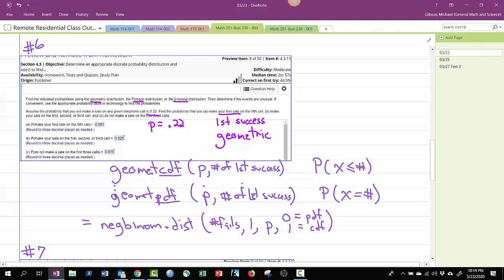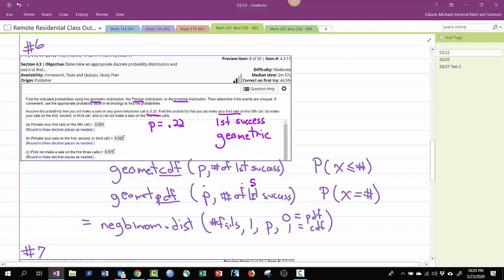Now, there's two different functions on the calculator. If you want the probability that x is less than or equal to a number, you use geometCDF. You want the probability that x equals a number, geometPDF. You put in P, the probability, and then the number of the trial of the first success. Like this first one is make your first sale on the 5th call, right? So the probability that x equals 5, that'd be the PDF, right?